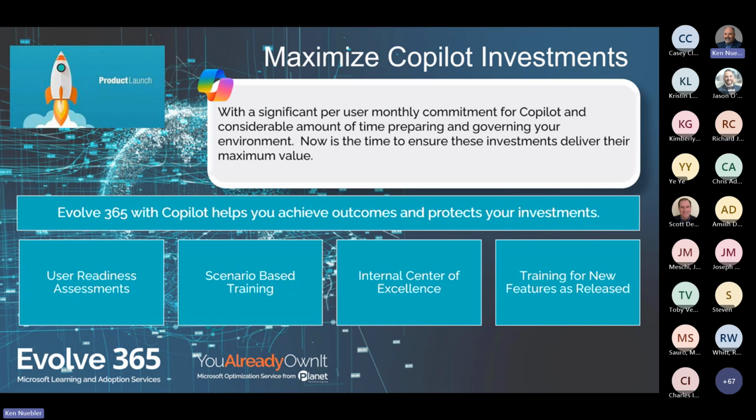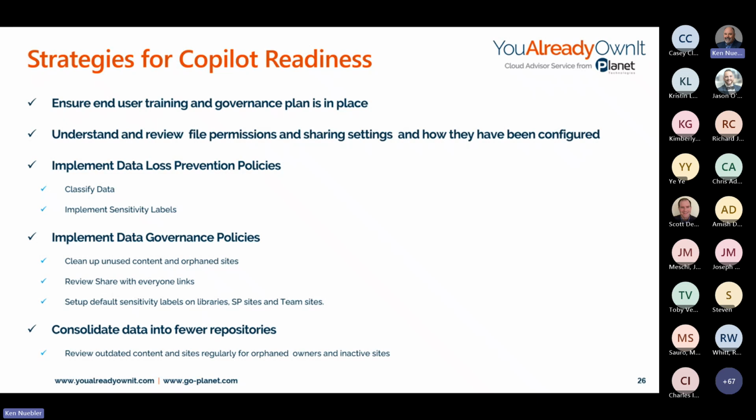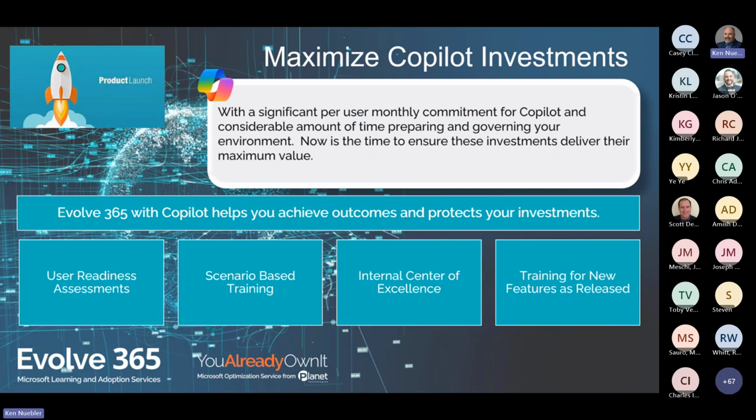As I mentioned on the previous slide, actually, let me go back to the previous slide. Make sure we talked about end user training and governance plan in place. That's absolutely critical, and this goes hand in hand. Training plays a critical role for the launch of any new service, and specifically users play a crucial role in the success of any launch of service, as well as administrators. So training for Copilot is going to be needed, especially due to the large investment your organization is making in licensing.